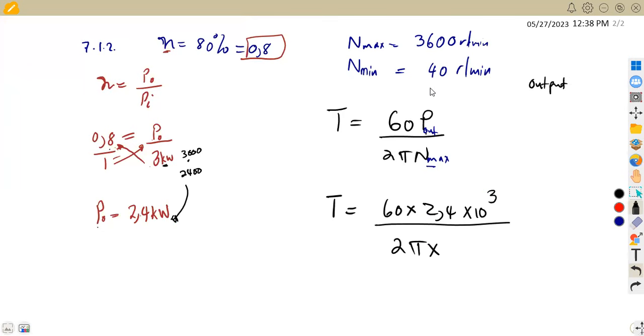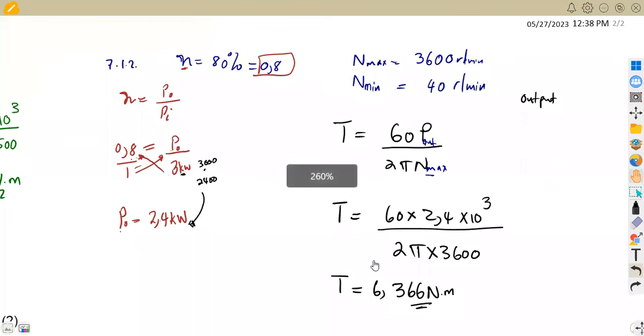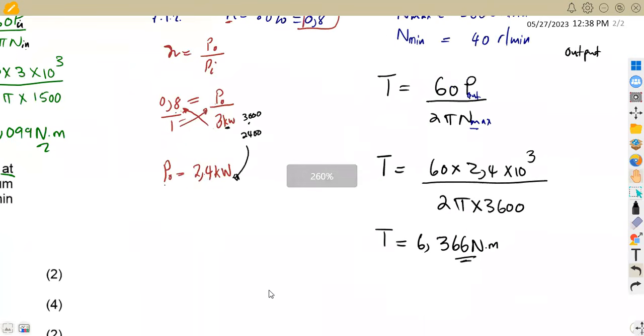And our maximum here is at 3,600 revs per minute. So this can give us the value of T, the one that corresponds with this information, which is 6.36619, which is going to be 6.37 in this case, Newton meter. All right, so that is the torque that you're going to have in this case for this condition.